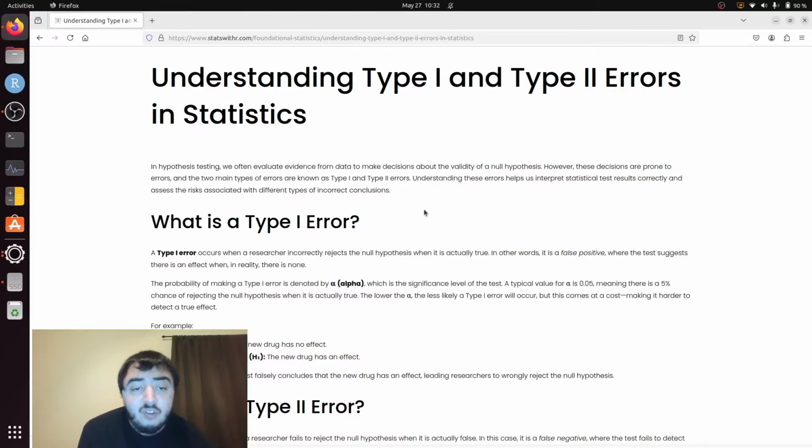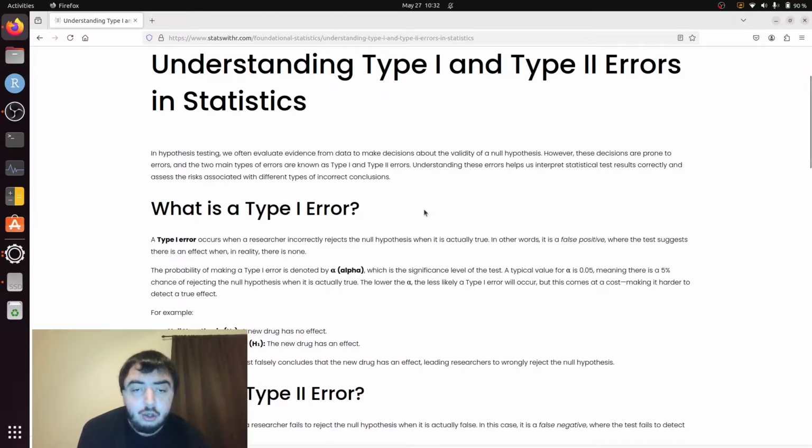The probability of a type 1 error is alpha, which is frequently 0.05. So in the t-test example, we set alpha to 0.05. We found an effect when an effect didn't really exist, and the probability of that was 0.05.